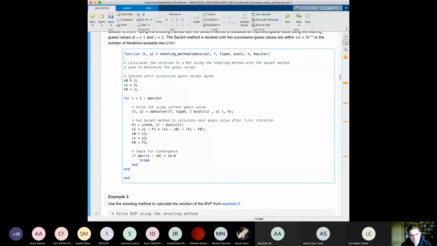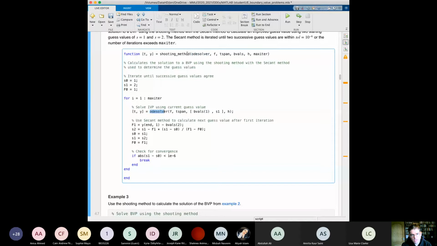Okay, so we need some initial guess values. Doesn't really matter what these are, as long as they're different. So I set them equal to 1 and 2, and it doesn't matter what f0 is, it just needs to be non-zero, so I set that equal to 1. So we've got a for loop to loop through all your iterations. And this is where our ODE solver comes in. Whatever ODE solver you input into this function, it'll use.